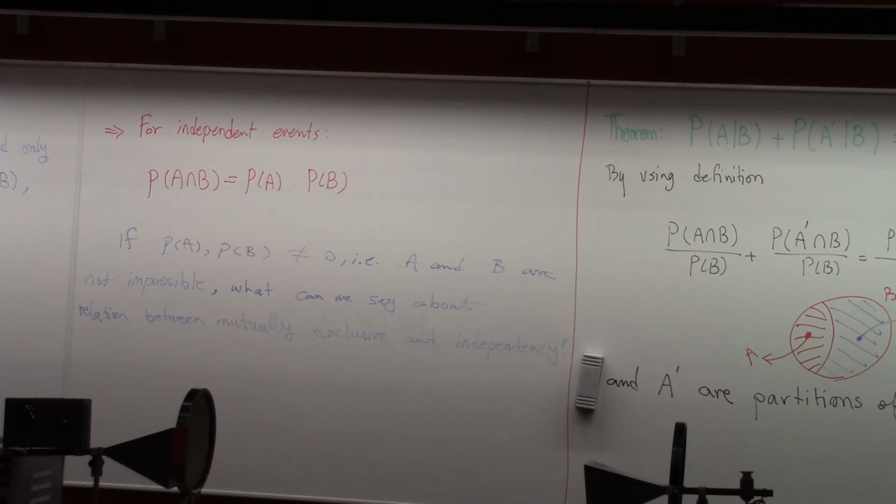Now, what can we say if they are mutually exclusive? If they are mutually exclusive, are they independent? Or if they are independent, are they mutually exclusive? Or if they are mutually exclusive, definitely they are not independent? Or if they are independent, definitely they are not mutually exclusive?